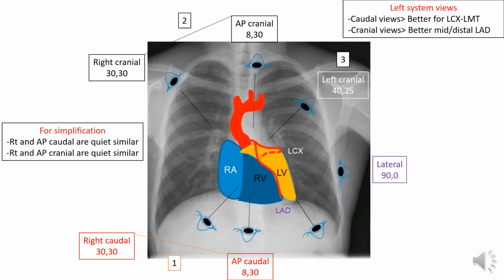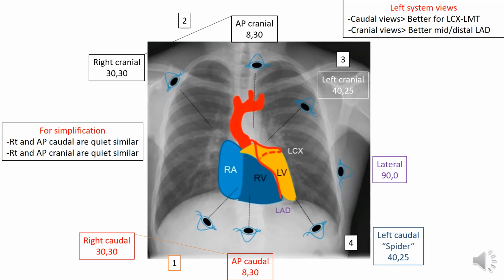The third view is the left cranial view. It is a little bit similar to the right cranial view, but in this view the LAD will be running in the middle of the picture.